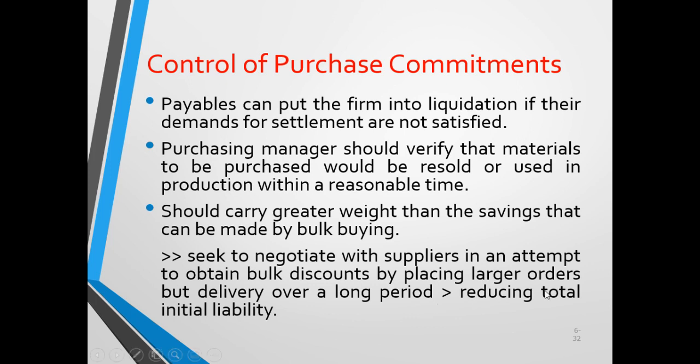You are not buying 100,000 quantity in one shot, but you'll be getting the first 2 months, let's say January, February, then followed by March and April and so on. So you don't need to pay in one shot, that will reduce your initial liability. Alright, so you can try to get a bulk discount at the same time, as you might not be able to pay all of it at one time.